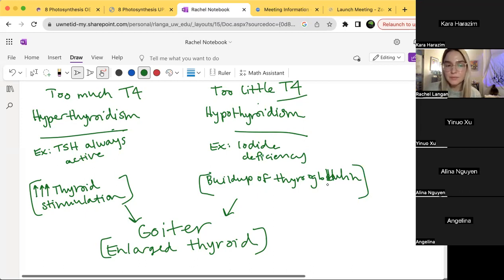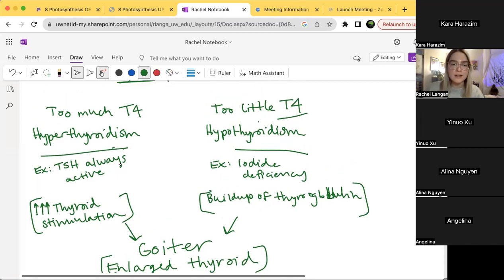Does thyroglobulin always have to cause that goiter increase? Do you always have to have that buildup to have a goiter?